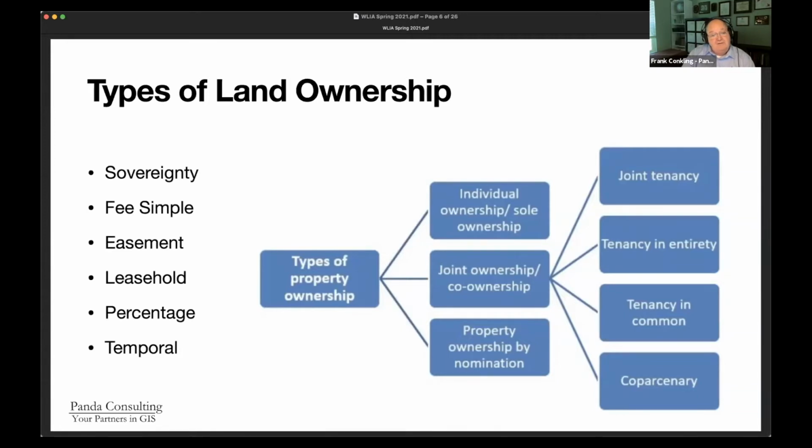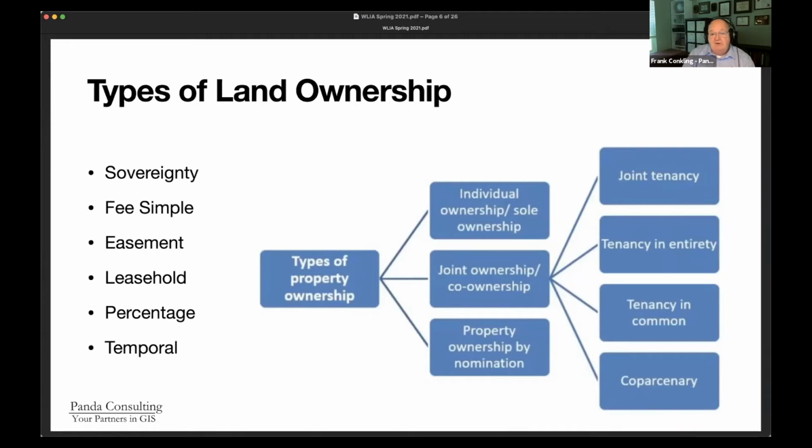We have this in Florida a lot, with timeshares. How do you map an ownership in a unit where that's only 2 weeks out of a year? Does someone have a right to use that? They still get taxed for it, but how do you manage that? So mapping of land ownership is really not a simple thing.